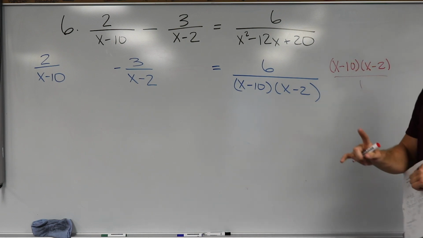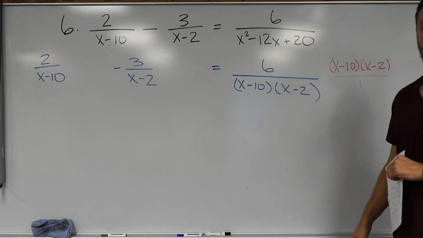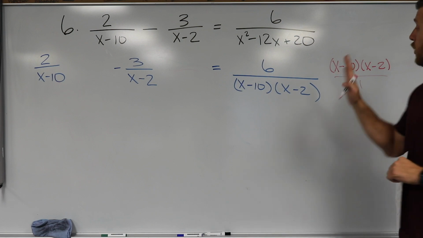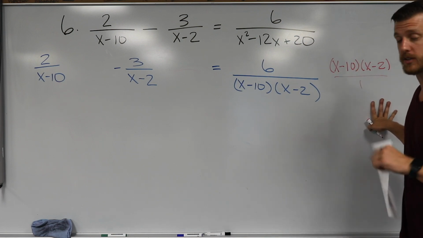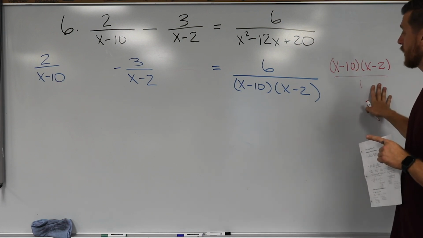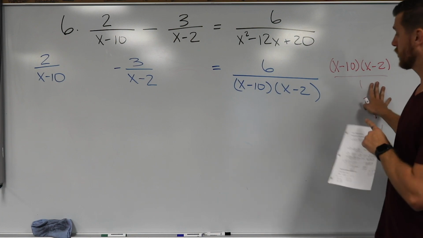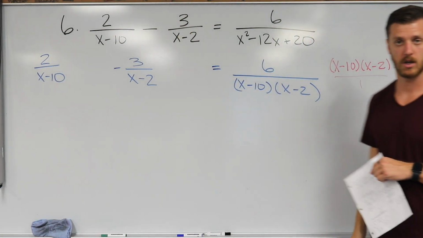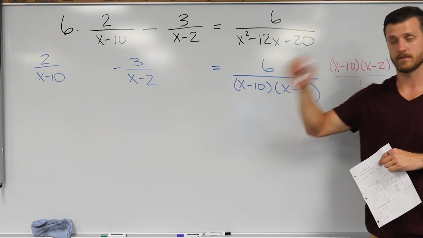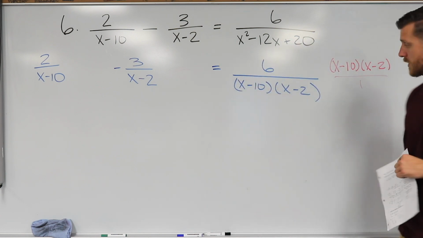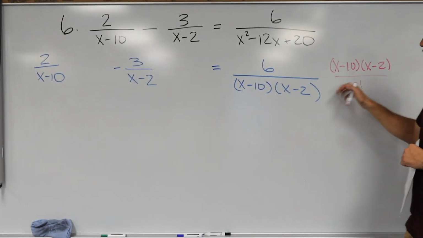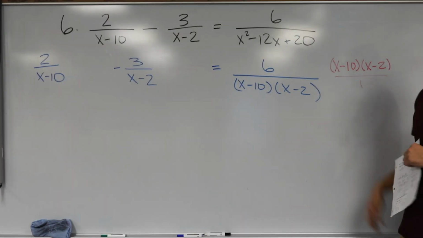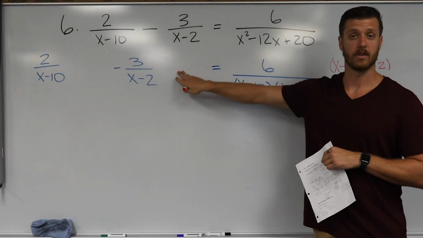But algebraically, I can't just do that. What you do to one side of an equation, this is algebra, if you're going to do it, you've got to do it to every term on the other side. This will help us cancel stuff out, but I have to do it to the other side.